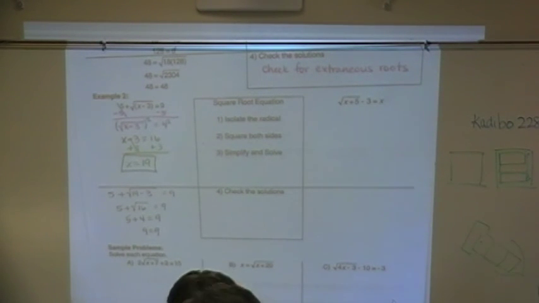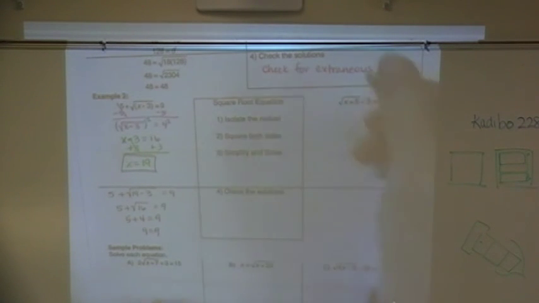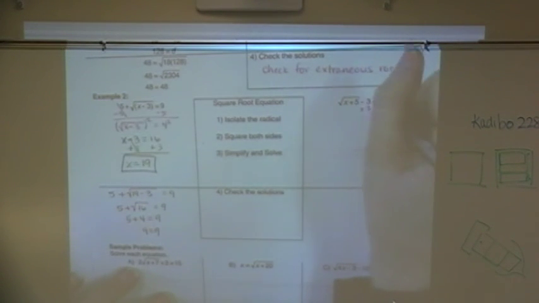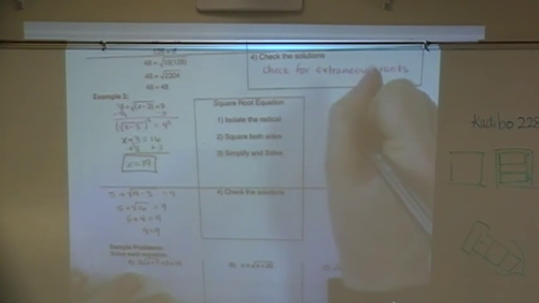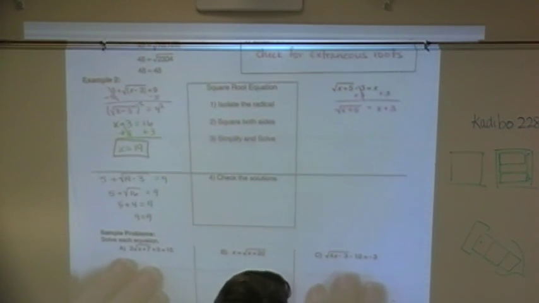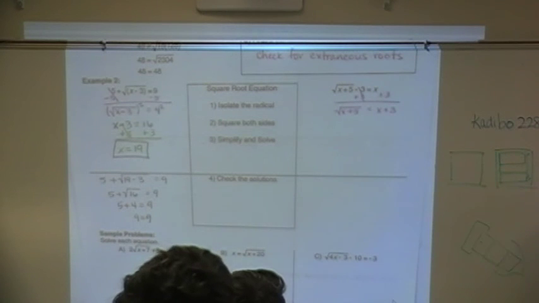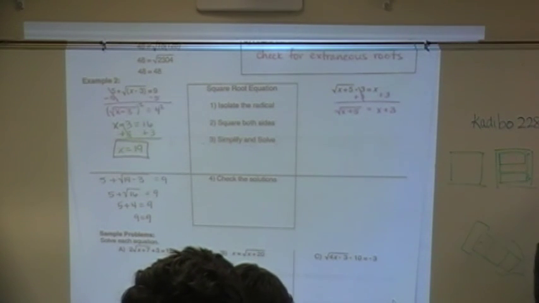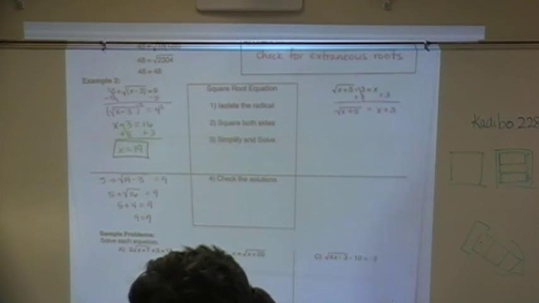Isolate the radical. So this time I have to add 3. Okay, now I need to square both sides in order to get rid of the radical. So on these, you gotta be careful.